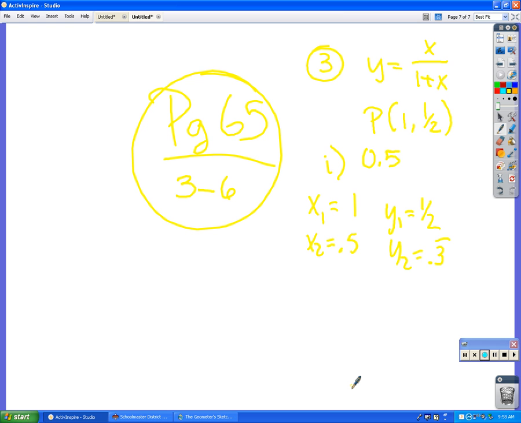And then you go y2 minus y1 divided by x2 minus x1, and that's the slope. And then you keep doing that for all the different points. And then just like we did together, they're going to get closer and closer and closer to a number. And part B says using the results, guess the value of the slope of the tangent line, and so on. Okay? So you're good? All right.